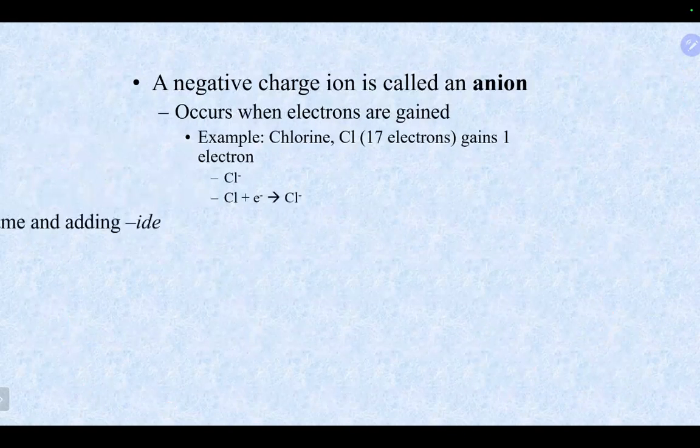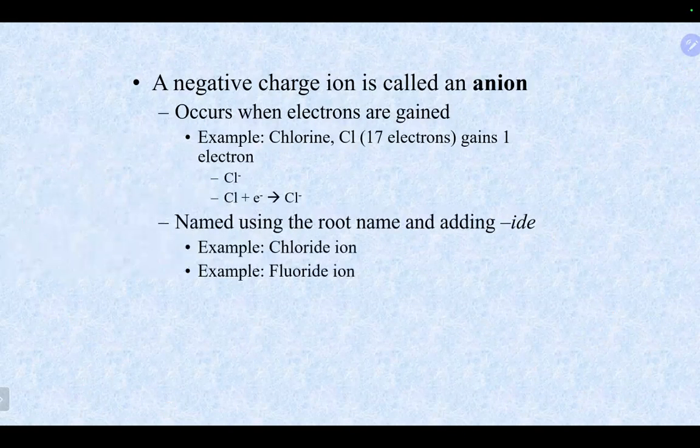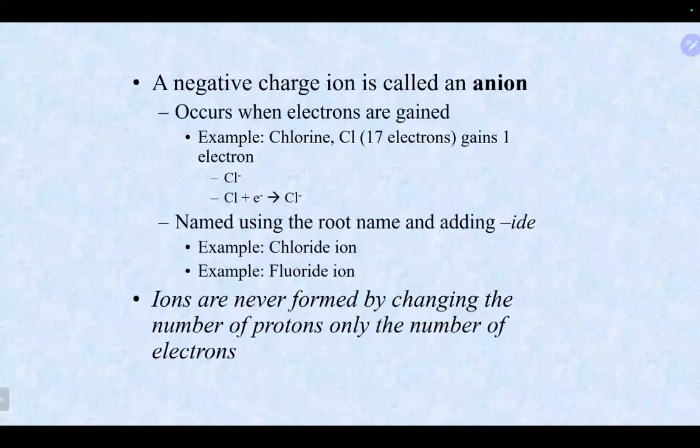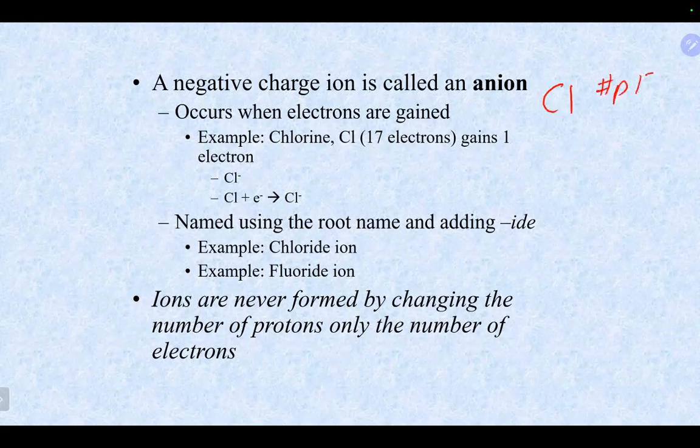Now, an anion, as we talked about earlier, comes from gaining electrons. Since they gain electrons, they actually have more electrons than protons, which is how they get that negative charge. Chlorine with no charge has 17 protons and 17 electrons, for a grand total of no charge.